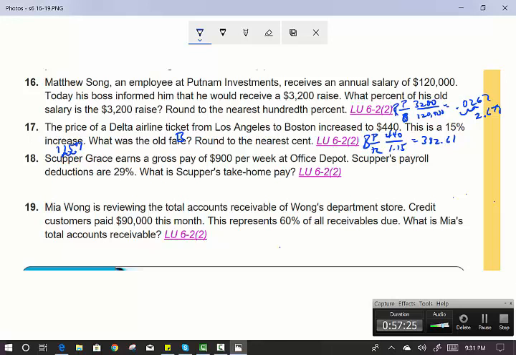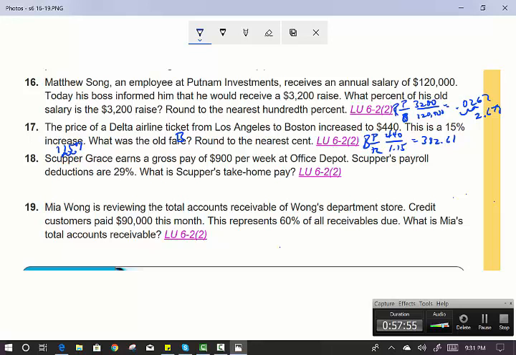So the part is the amount that it is now, of $440, and the rate, this is the only caveat to this type of problem, is the original rate was 100% of the value, and it increased to $440. So that's 100% plus a 15% increase. So it's a 115%. Move the decimal point 2 places left to make it 1.15. So now you take 440 divided by 1.15 and you get the old fare, what it was originally.